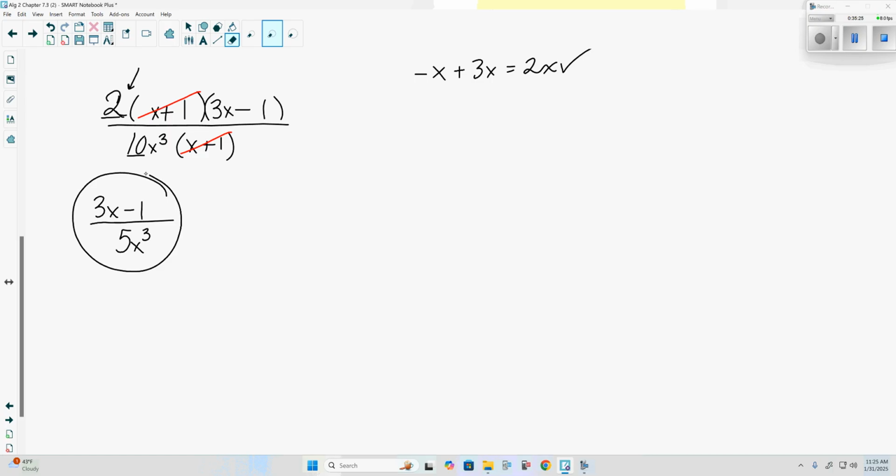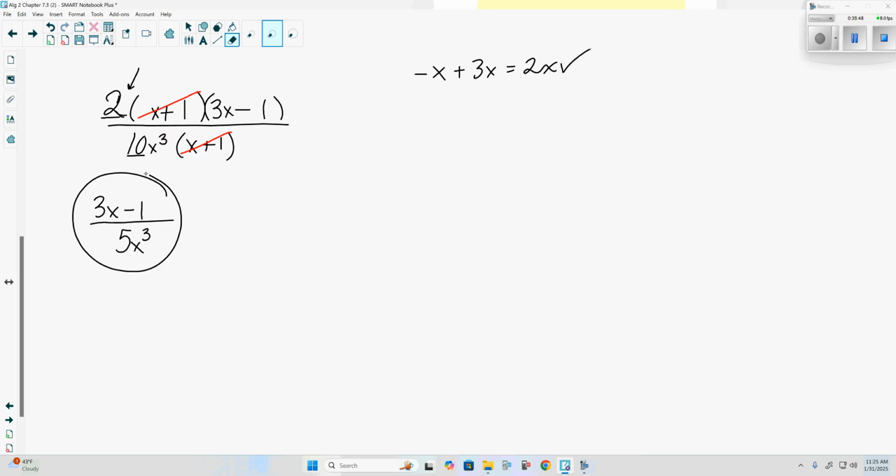I think that without factoring out the 2's, you would get to 6x minus 2 over 10x cubed, over 2x.